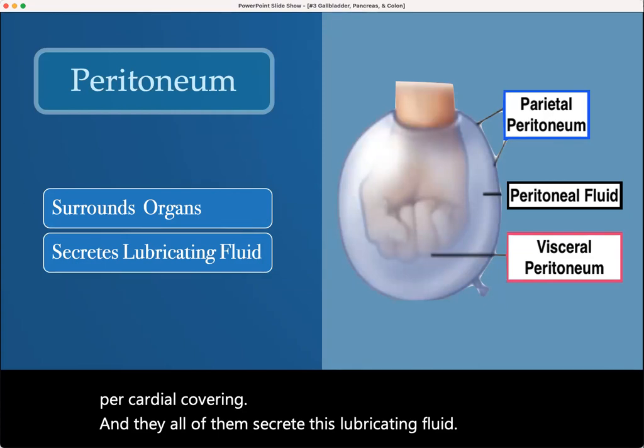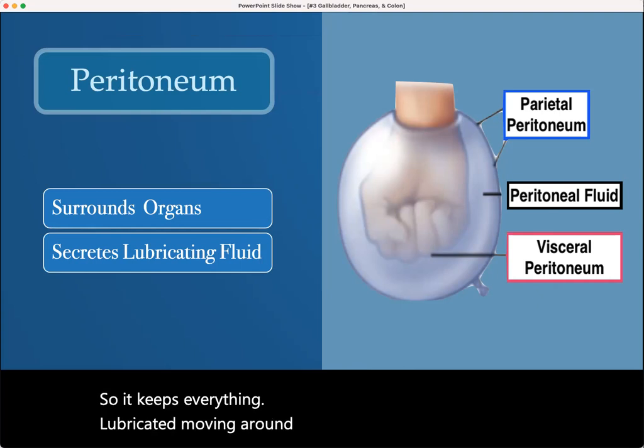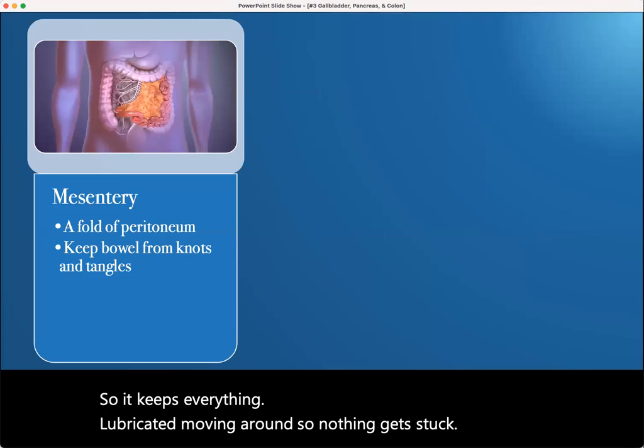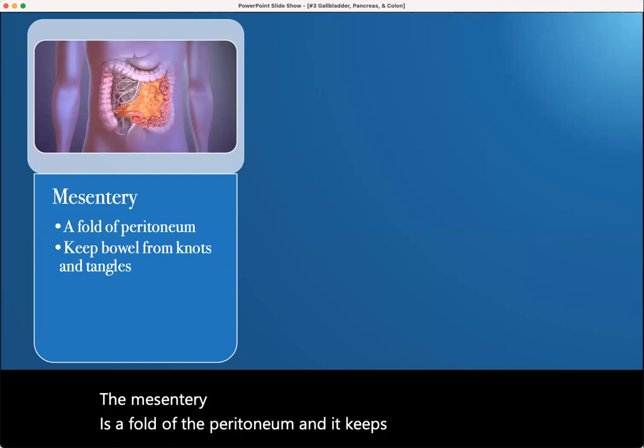So it keeps everything lubricated, moving around so nothing gets stuck. The mesentery is a fold of that peritoneum, and it keeps the bowel from getting knotted.